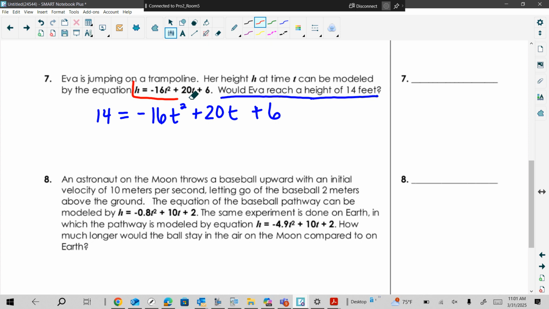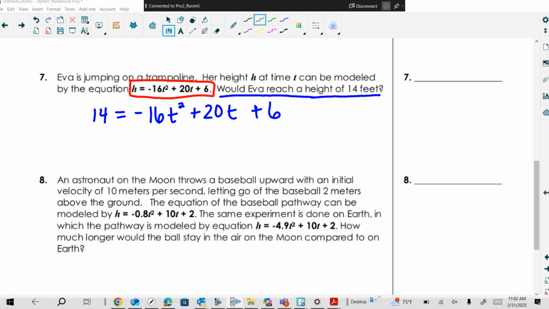Remember, this is the height that she's at right now. So I just want to first look at just this equation in the calculator, and we're going to compare and see to get to a solution. So let's look at this first one, negative 16t squared plus 20t equals 6.